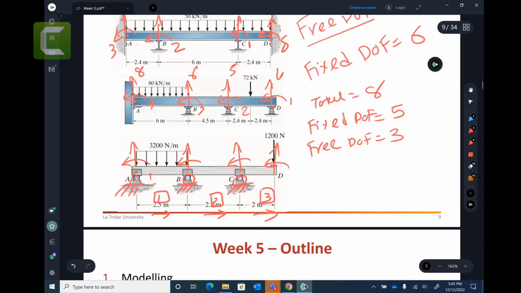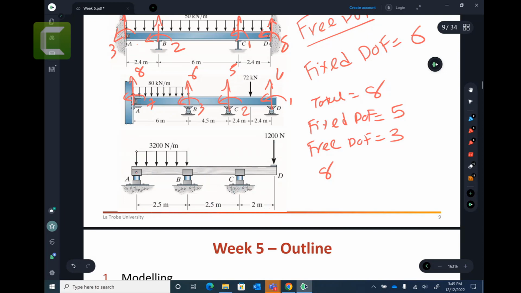So how many nodes do you have? 1, 2, 3, and 4 nodes. Each node has 2 degrees of freedom. So total 8 degrees of freedom. And out of 8, this one is free to rotate. Let me erase everything so you can see what I'm talking about.